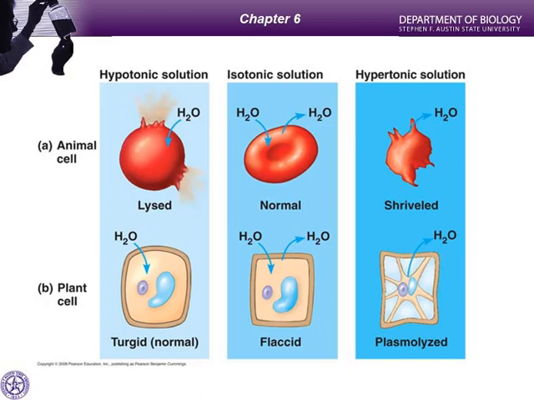Inside, right? So now the proteins, the nucleic acids, the glucose, the stuff inside that cell is going to be that water magnet. And it's going to draw the water into that red blood cell. So more water is going to enter than could leave. And so that red blood cell is going to swell up until it ruptures, until it bursts.